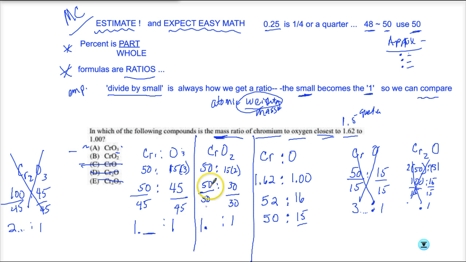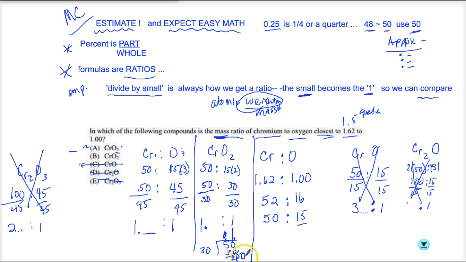Do I know what? No, but I can go find out. Because I've got 2 contenders, and I like 30 better than 45, I'm going to do this: 30 goes in 1 time, I get 30, and I'm going to have 20. That 1 doesn't go there, it goes here, sorry. And then I bring down a 0.